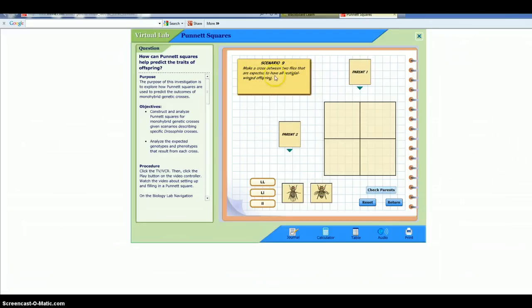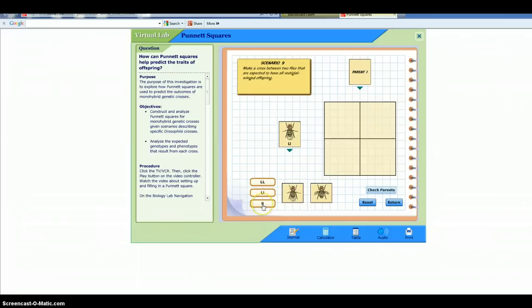Make a cross between two flies that are expected to have all vestigial winged offspring. Ooh. So vestigial wing, well, that's a wing. So this is vestigial wing. Now how would we get all vestigial wing?